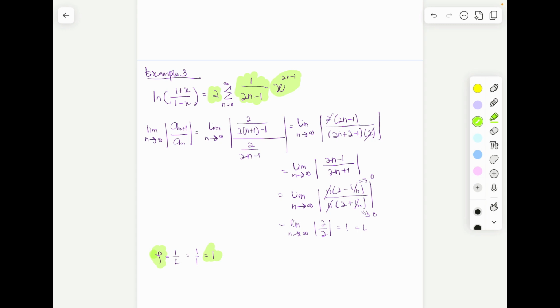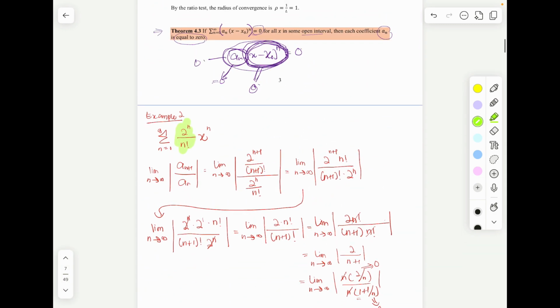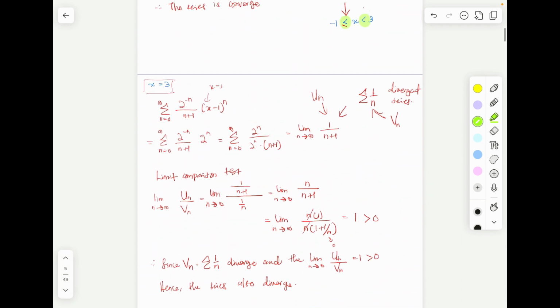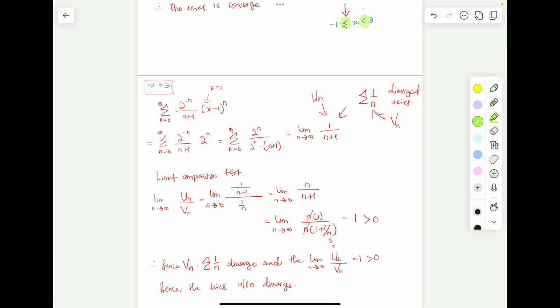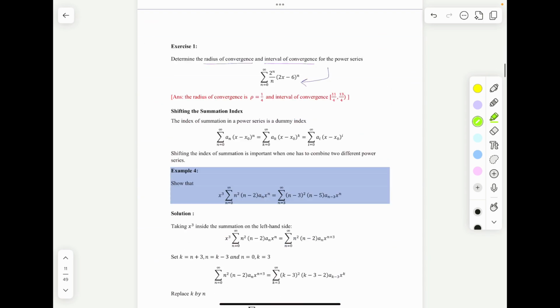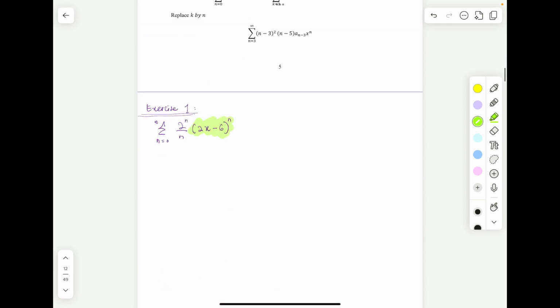So x stands alone as x, with its power. This one too, x is just x minus 1. But for this exercise, you see that it is 2x minus 6.